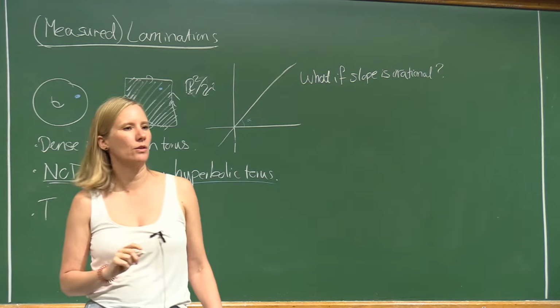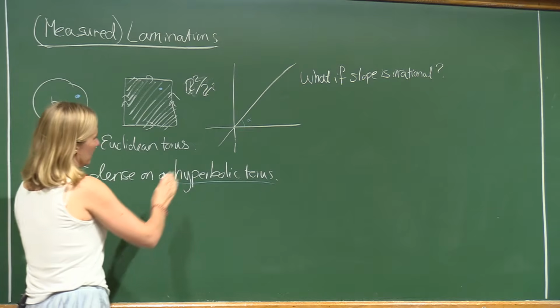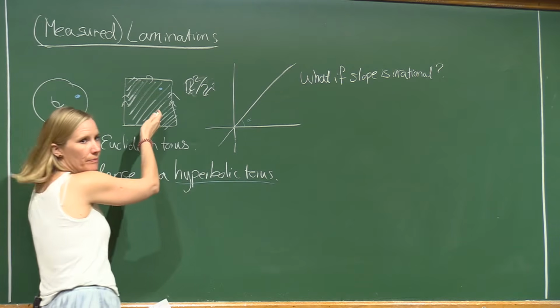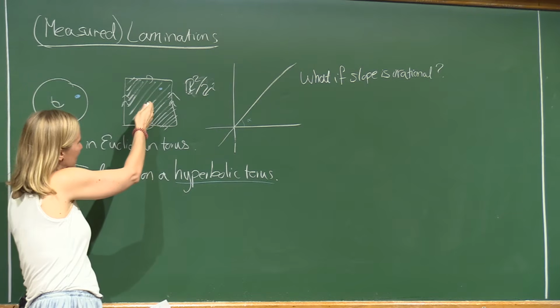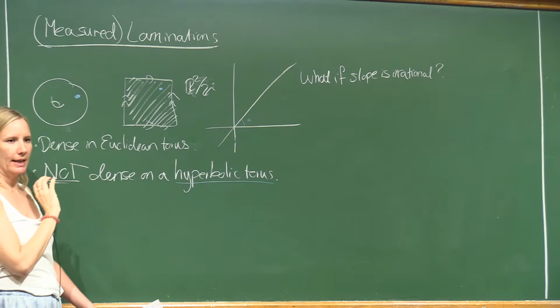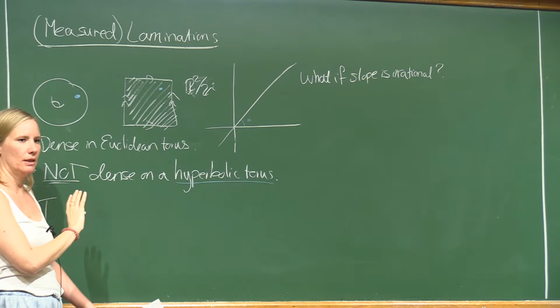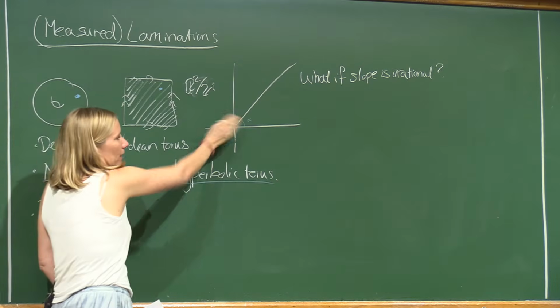So here I just really do the projection. And now I have this thing. It looks like this, and then, I mean, it's dense. And now I look at it on my hyperbolic torus, and I look at the geodesic representative. So really what I'm going to do is take some rational very close to alpha.